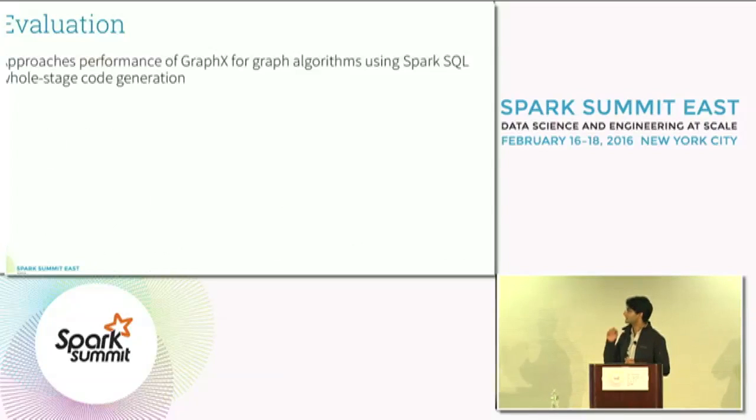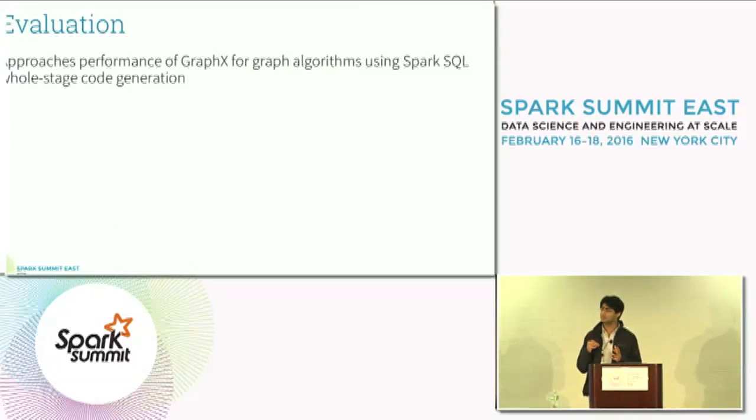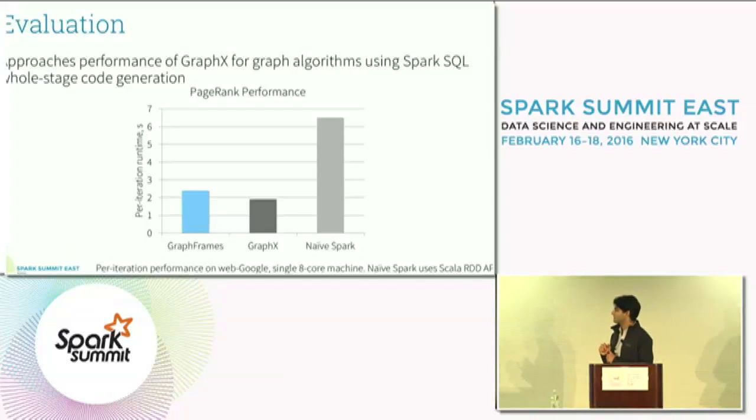Next thing is that we're also able to be competitive with GraphX on the territory where it was optimizing for, which is graph algorithms, not graph queries. So here's this slide. It's again a small graph, but this is the per-iteration performance on PageRank.